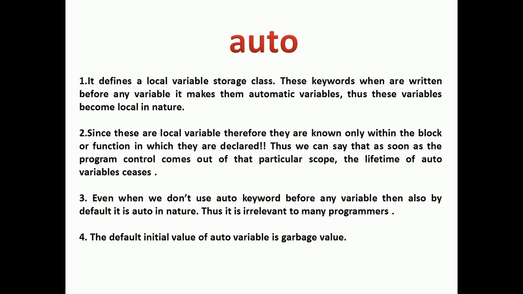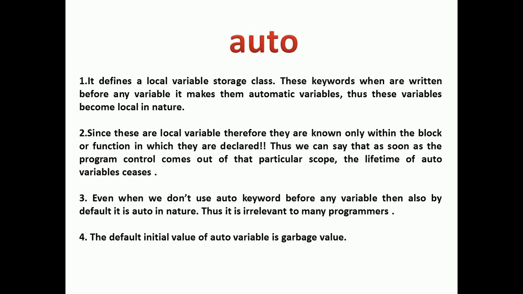Now the third point says that even when we don't use the auto keyword before any variable, then also by default it is auto in nature. Even if you write the auto keyword in front of the variable or you don't, every variable is auto in nature until and unless you give another storage class, like register or static.